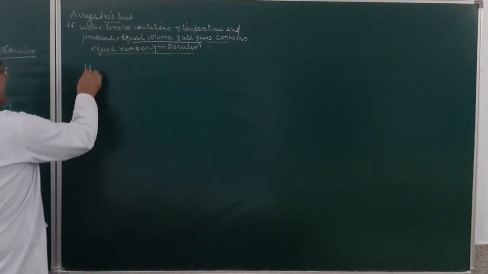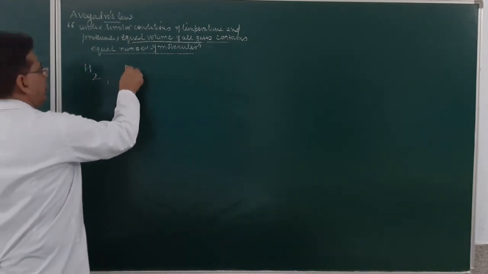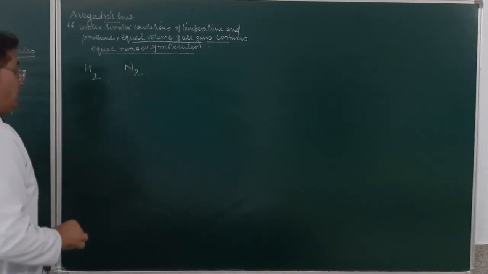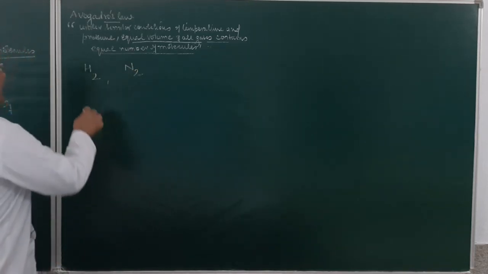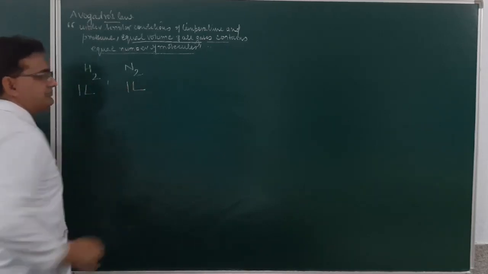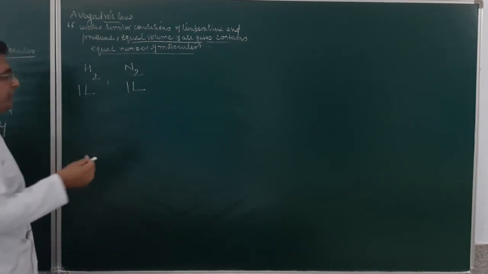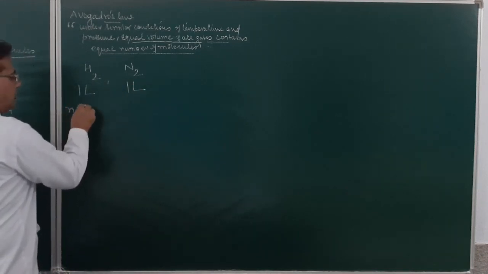Suppose we have the gas hydrogen and then we have the gas nitrogen. Suppose we have 1 liter of hydrogen and 1 liter of nitrogen. In 1 liter of hydrogen, suppose in the question it is given, we have n molecules.